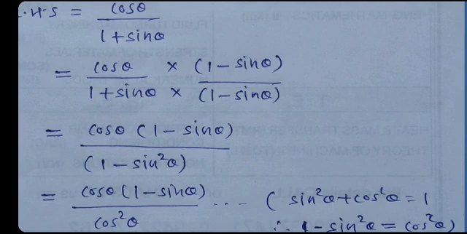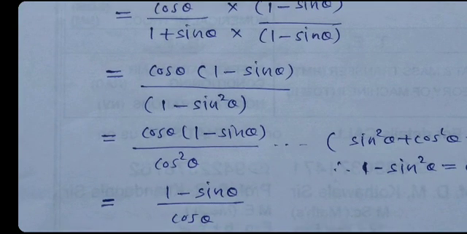So here in numerator it becomes cos theta into 1 minus sin theta, but in denominator, if you take 1 as a and sin theta as b, then this is a plus b into a minus b, so it is simply a square minus b square, so it is 1 square minus sin square.